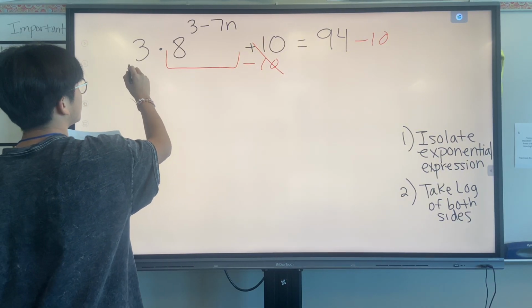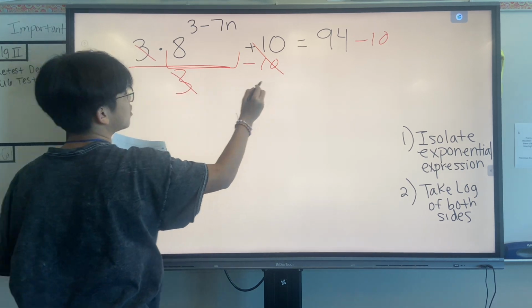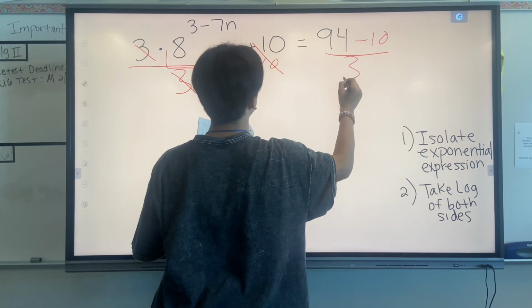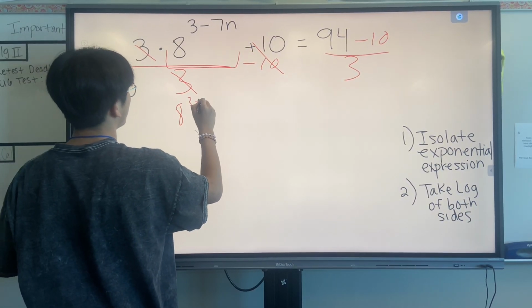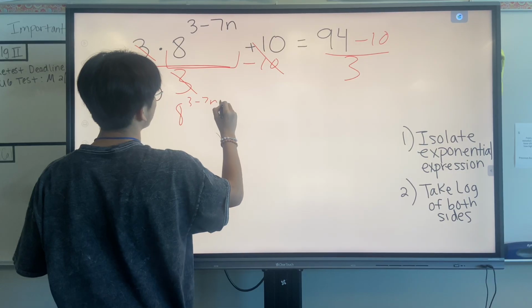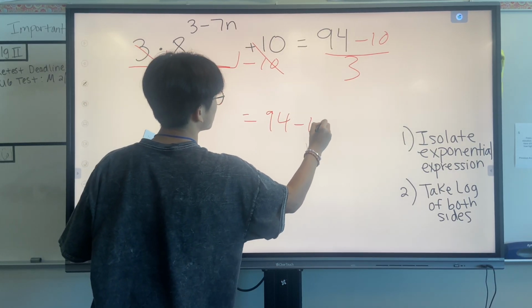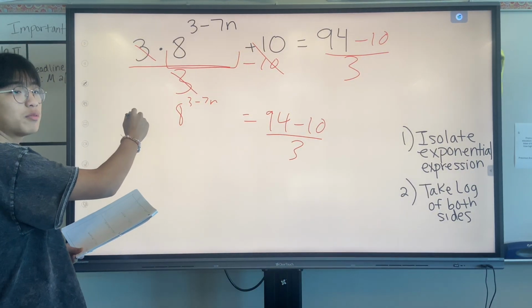So you need to divide it. And then this will cancel out. Okay. And then now you still have 8 to the power of 3 minus 7n equals 94 minus 10 divided by 3. And you do the log base thing like we did before.